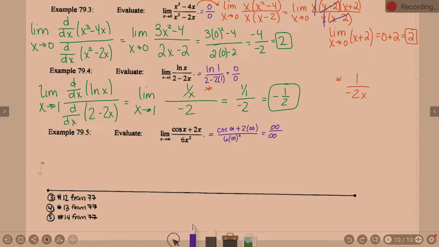Now, think about cosine for me. What's a cosine graph do? Starts here, valleys down, and goes back up. Mountain valley, mountain valley, over and over and over. So as you go on and on, what values is that cosine graph oscillating between?